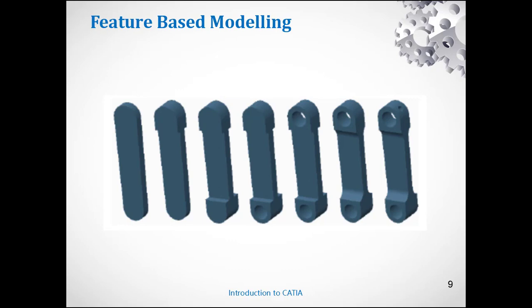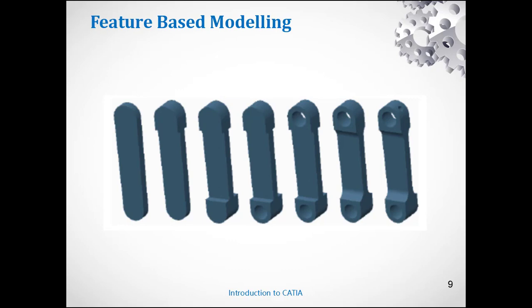Whenever you create a model using a CAD tool, you have to follow the steps, because using a single click you can never create any CAD model. When you want to create a CAD model, you have to follow the steps.